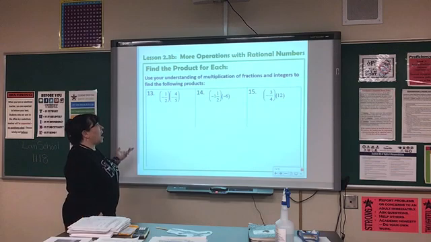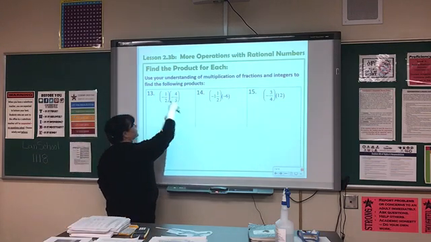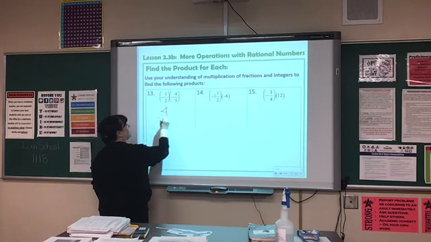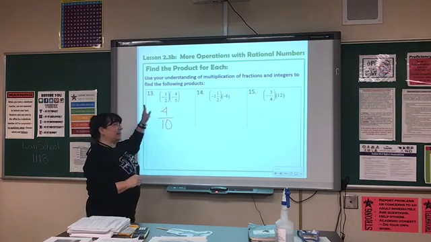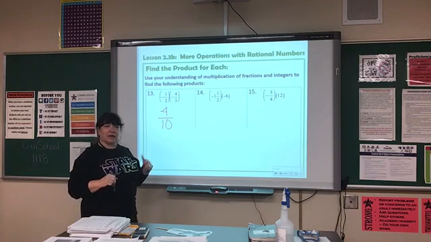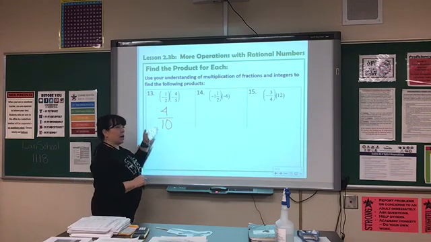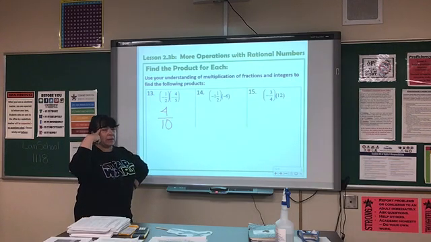I am going to multiply 1 times 4, and that will give me 4. I'm going to multiply 2 times 5, and that will give me 10. And look at that, a negative and a negative. They're the same. So that means it's going to be a positive 4/10. But if I look at that 4/10, I think, wait a minute.